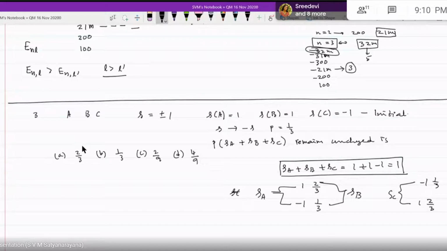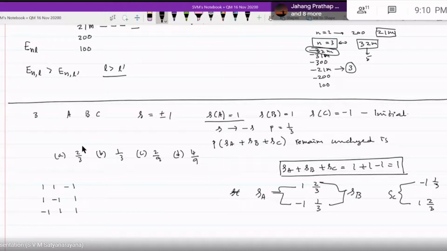So this should change. So this 1, 1, minus 1 can become 1, minus 1, 1 or minus 1, 1, 1.